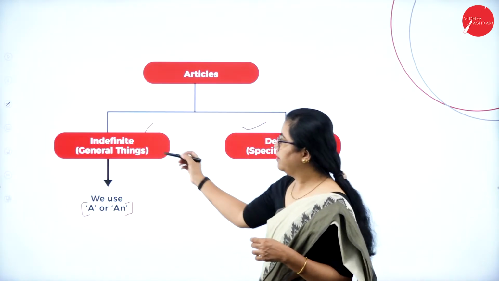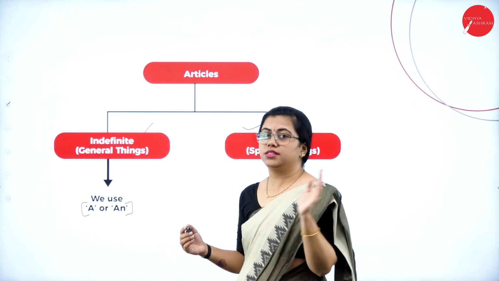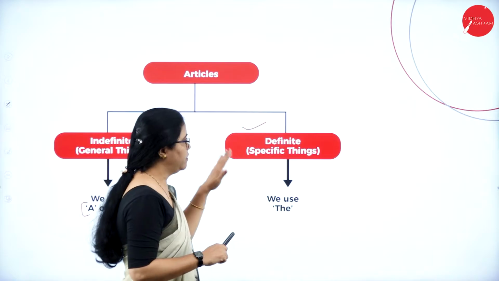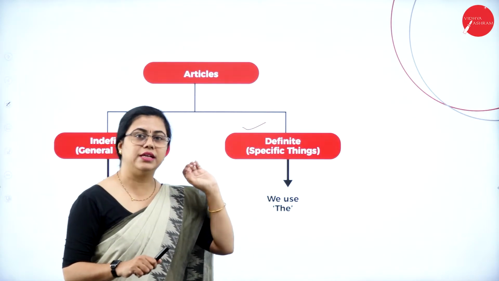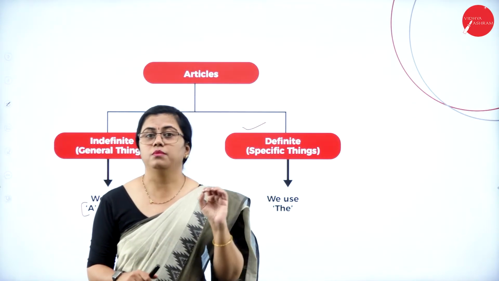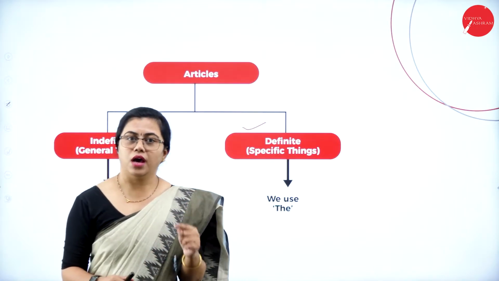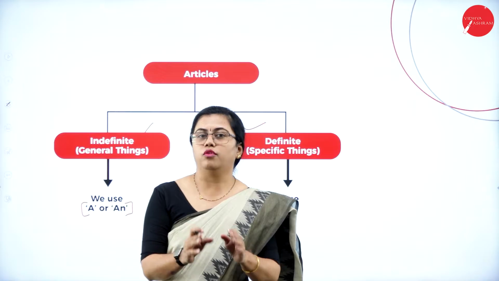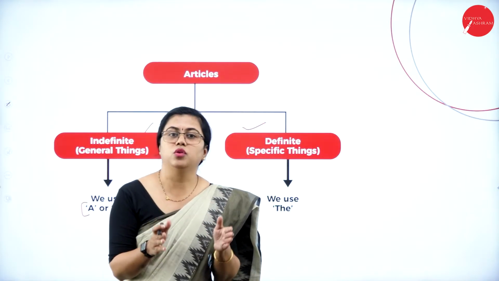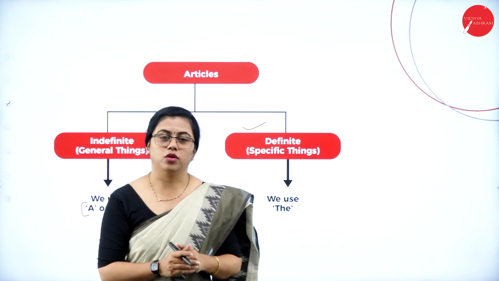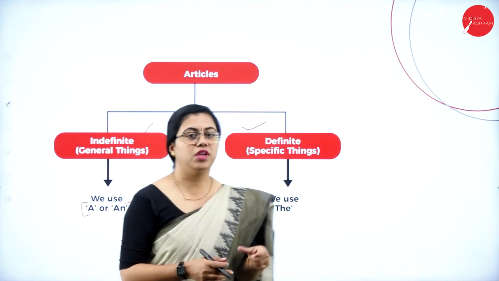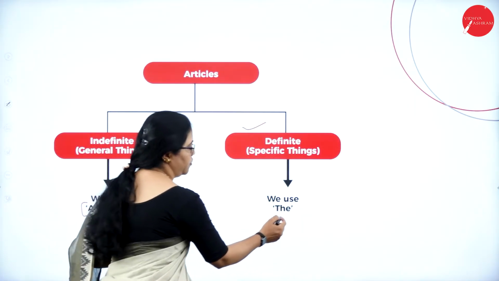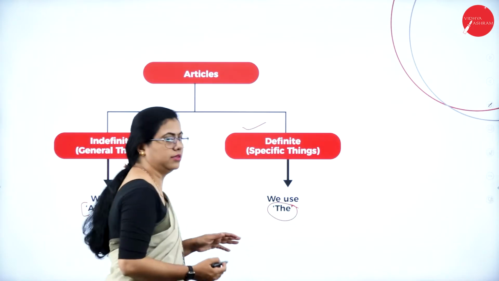Whenever we are talking about general, non-specific things, we use the indefinite article. Whereas whenever we are talking about anything specific, we are not making a general statement. We are talking about something in particular. We know what we are talking about. The speaker knows what he is talking about. In such cases we use the definite article, and the only definite article in English is the.